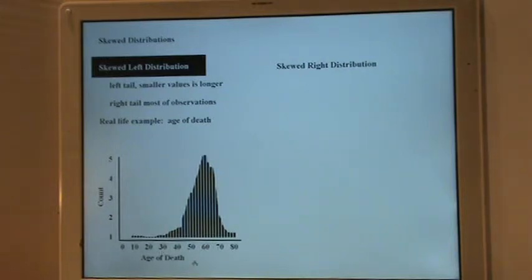Skewness is really important, by the way, and the concepts of symmetry, because there are certain statistical analyses that are done on data that are only appropriate if the data set is symmetrical. And there are other statistical analyses that are used when you have skewed data.